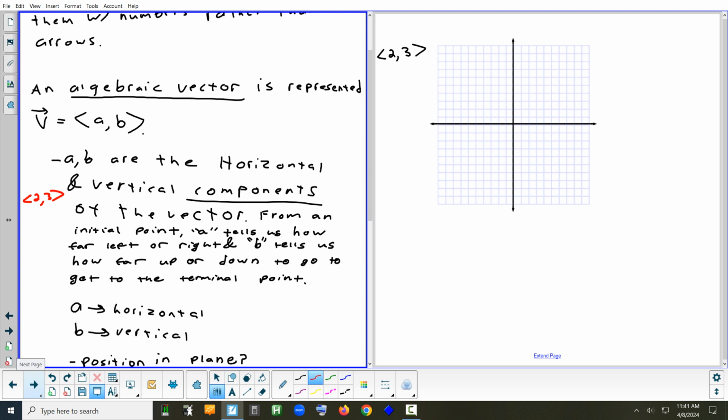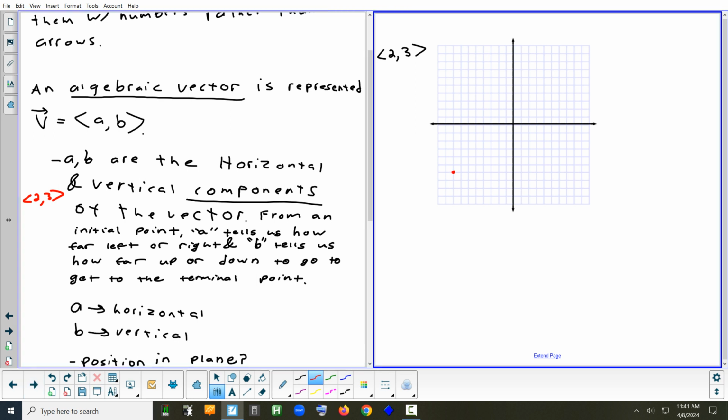It just tells you the horizontal and the vertical components. So if I want to draw the vector 2, 3, I could start there, and I could go 2 to the right and 3 up. That's the vector 2, 3. Or I could do it over here. 2 to the right, 3 up. Do it over here. 2 to the right, 3 up.